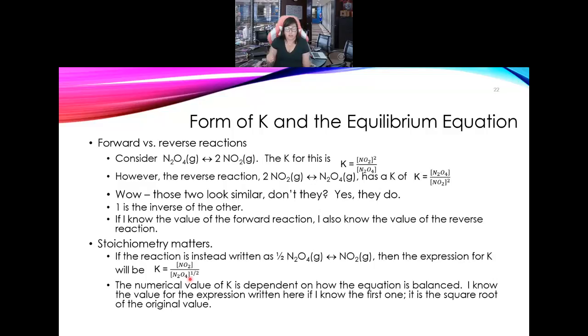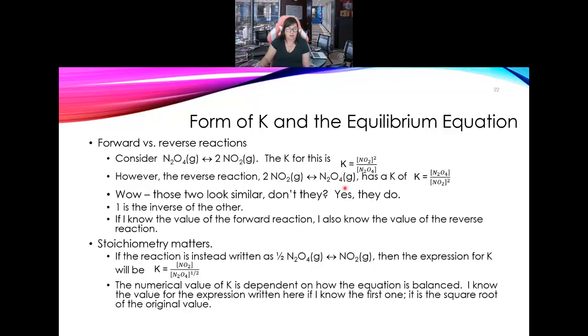Okay? And stoichiometry matters. I said this before. This equation that I'm looking at here is N2O4 goes to 2NO2 and gives me a K of NO2 squared over N2O4. If the reaction is instead written as 1/2 N2O4 goes to NO2, then the expression for K will be K equals NO2 over N2O4 to the 1/2.